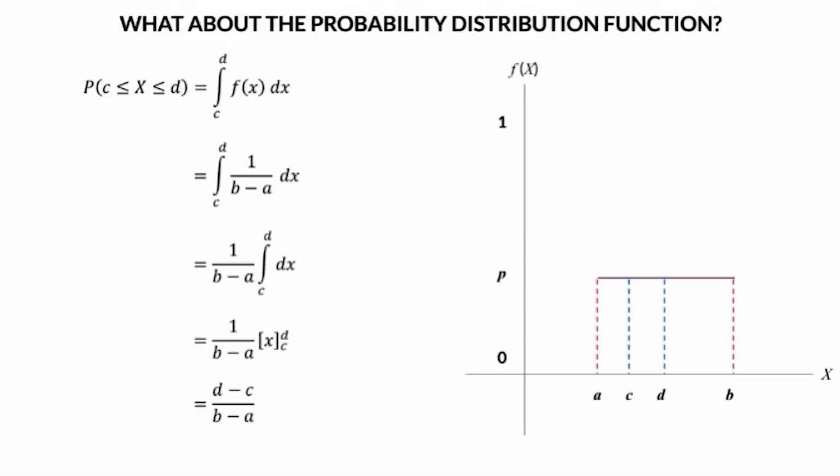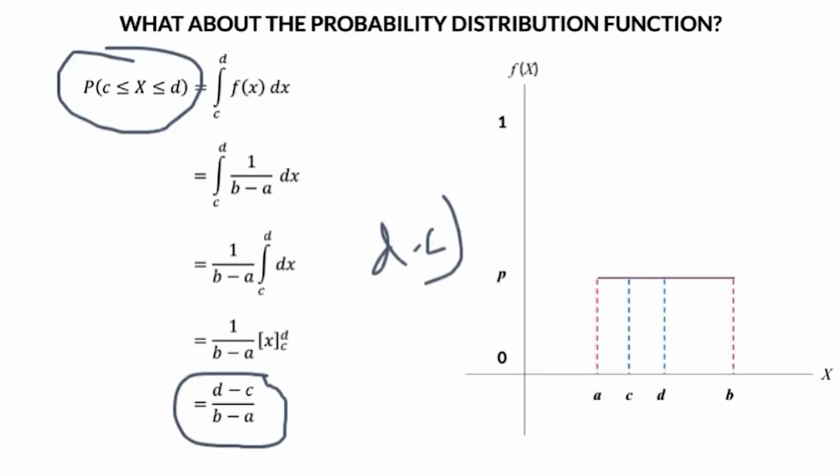Essentially, the probability that the random variable lies between C and D, that is, my demand for rice is between C kilograms and D kilograms, is equal to D minus C by B minus A, or you can say D minus C times P. If you interpret D minus C into P in the diagram, it is actually the area of this rectangle.